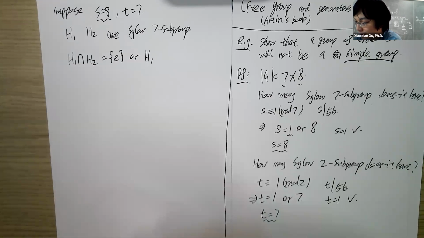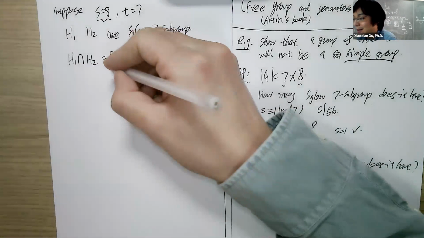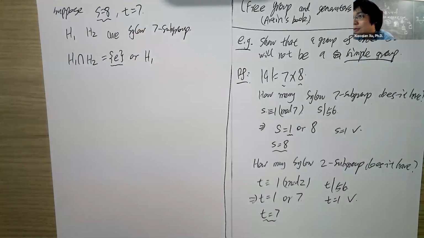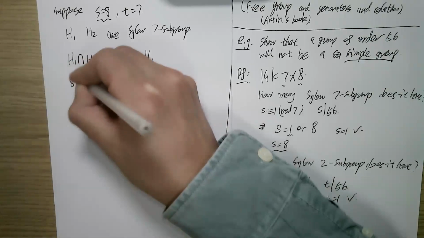So for all these 8 Sylow 7 subgroups, how many different elements can you find in total? Wait, can you repeat the question, please?